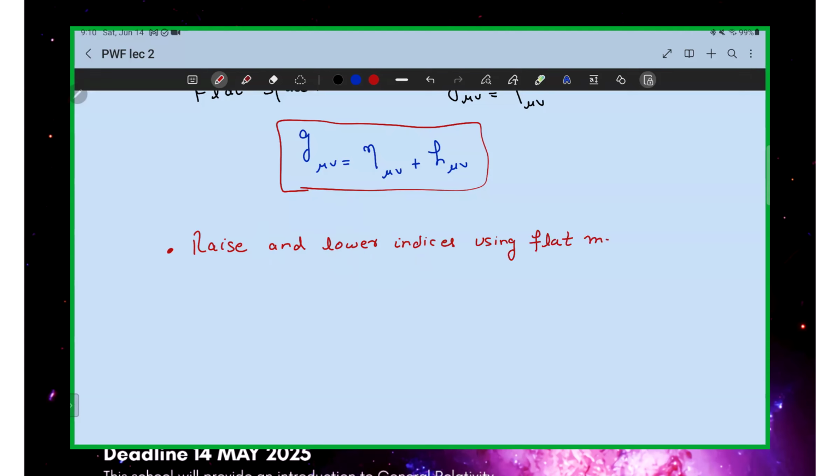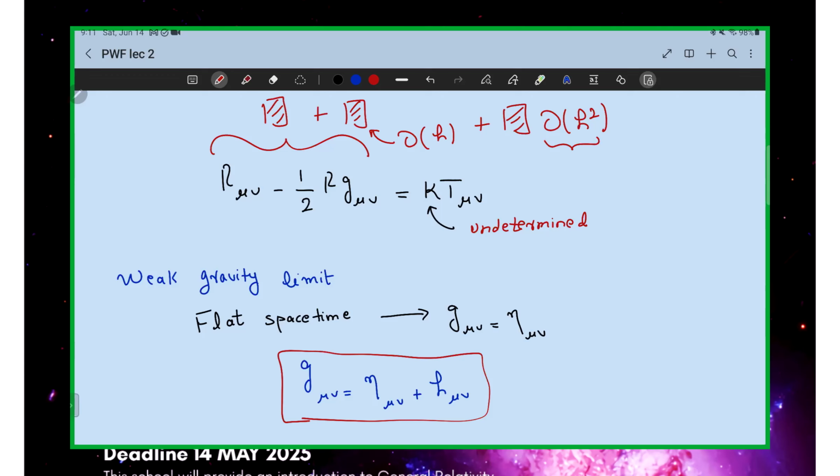If you expand even more, then you will have terms which are like h squared. These terms can be like h mu nu times something like this. Anywhere where you have two different h, those terms are considered order h squared. So we will just ignore those terms.